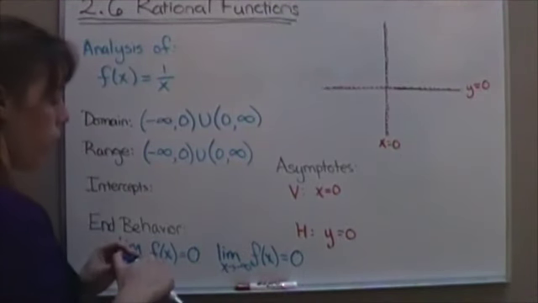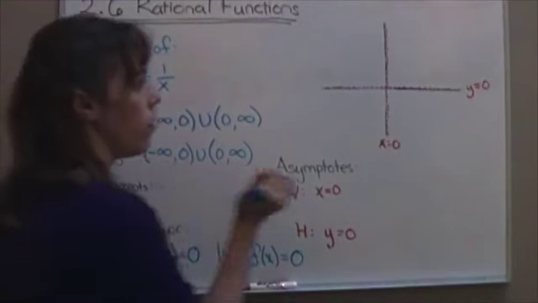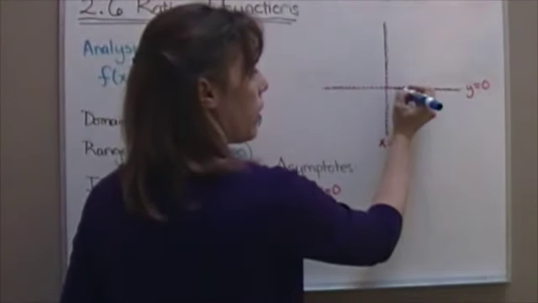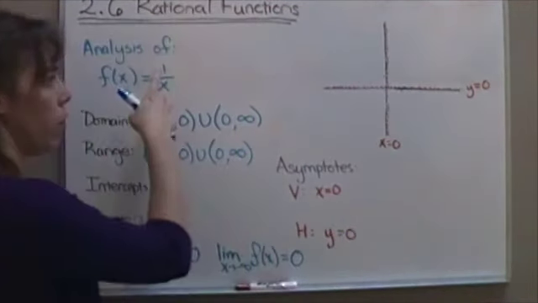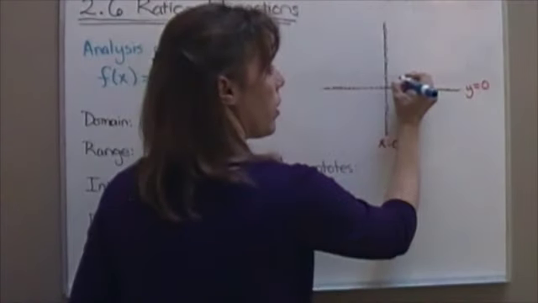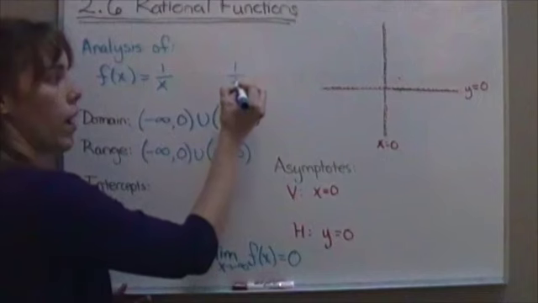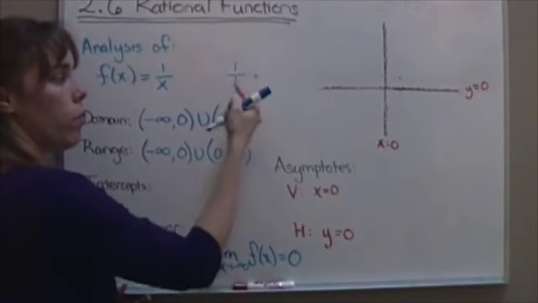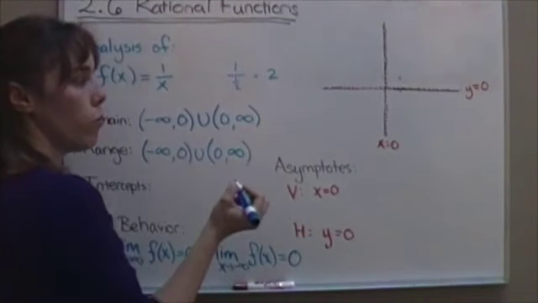Okay, let's look at this graph. If I plug in something like 1, I'm going to get 1. If I plug in something like 1/2, 1 over 1/2, that's going to equal, flip and multiply, 2, right?